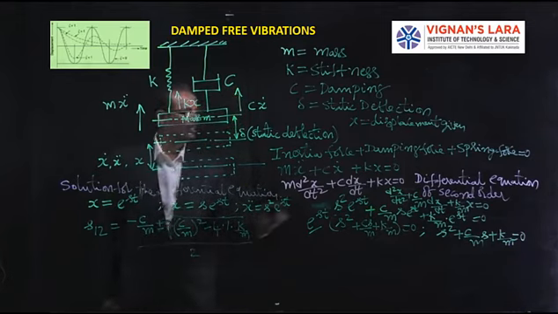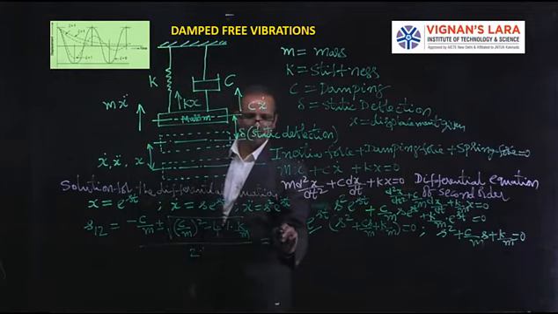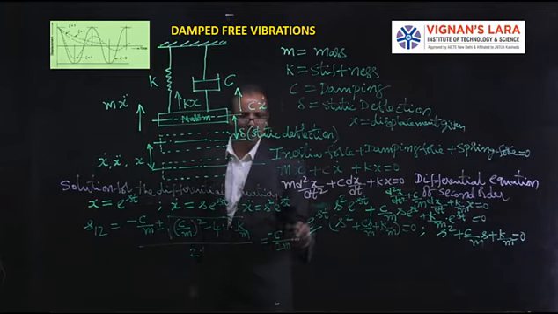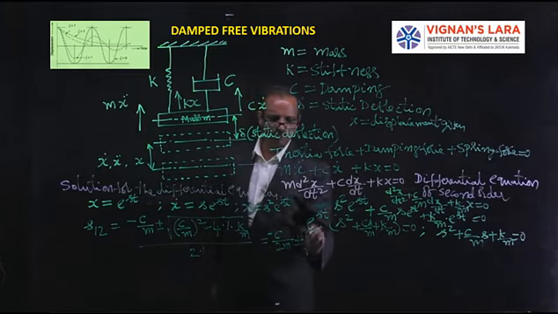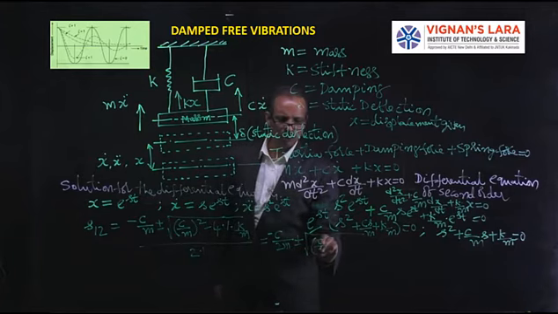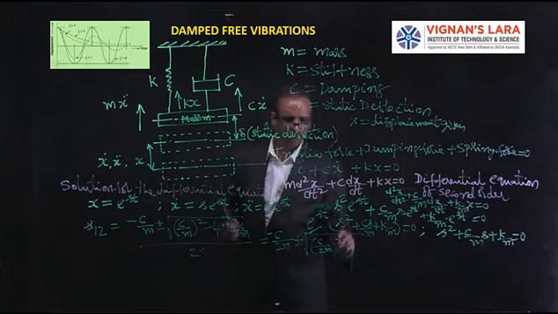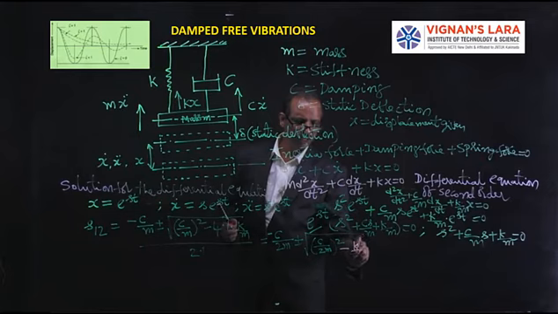A is 1. So this gives minus c by 2m plus or minus root over c by 2m whole square minus k by m.